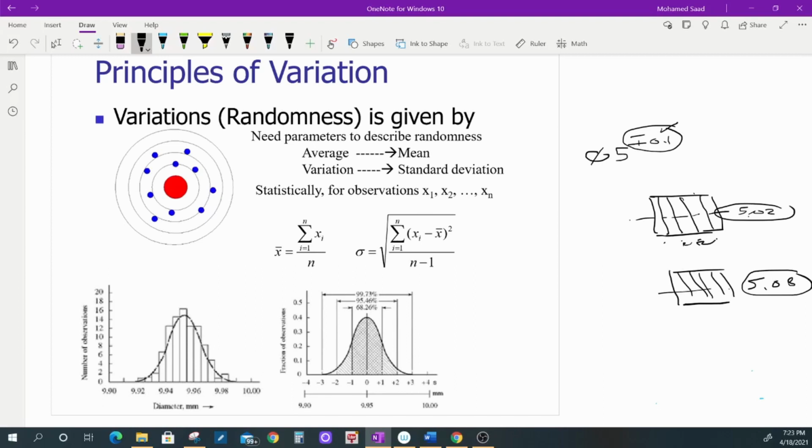That's why the designer will give you the dimension already with the tolerances that show the acceptable variation. To represent the variation, we talk about many parameters, but mainly the average or the mean, which represents the central value of the dimension measured, and the variation, represented by the standard deviation.